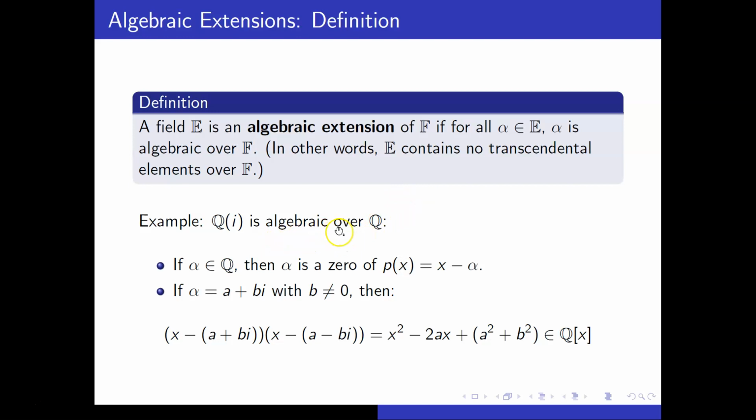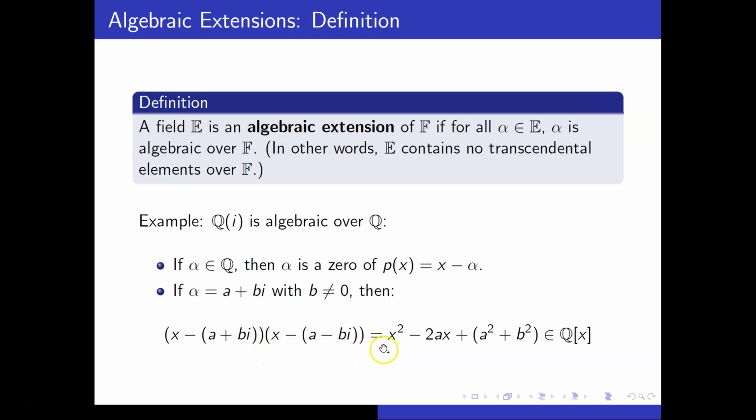All right, so case in point, let's look at, say, Q adjoined i. And we claim this is algebraic. If I take any element in here, it has to satisfy some sort of polynomial. Well, if I take something from Q, there's nothing to show. It's just going to be a zero of x minus itself. So any field is algebraic over itself. On the other hand, if I do take an element with a non-zero complex part, then I can take x minus (a plus bi), and then I can take its conjugate as well.